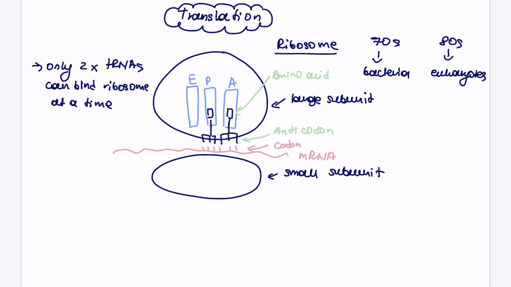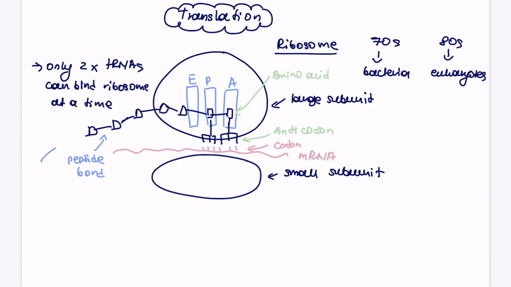So only 2 tRNAs can bind to the ribosome at a time. They bring the amino acids and then they will exit through the E site. As they exit, they will leave the amino acids behind. As you see, it's difficult to visualize in 2D, so I recommend watching some 3D animations of how that happens.